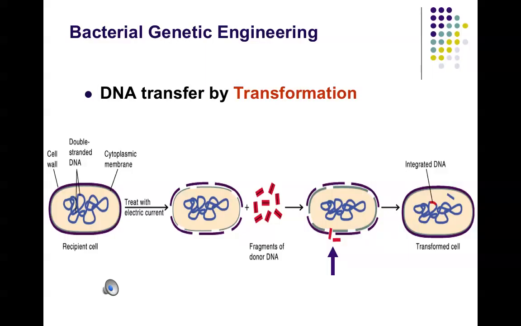The little fragments of DNA are illustrated in red on this slide, and even though it's double-stranded DNA from the environment, it's simply a piece of single-stranded DNA that is eventually allowed to pass through.